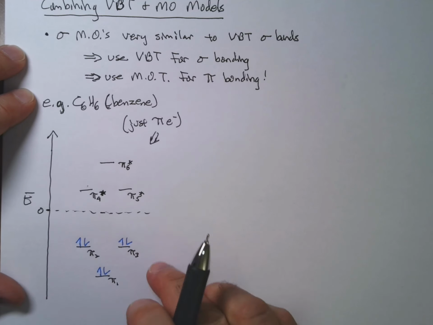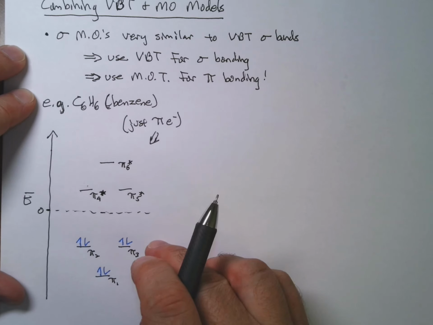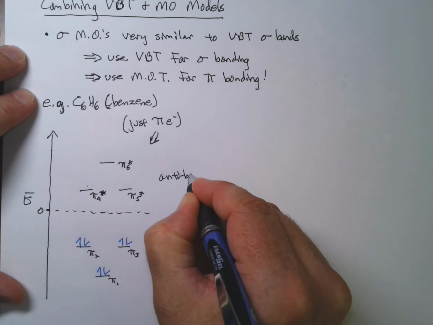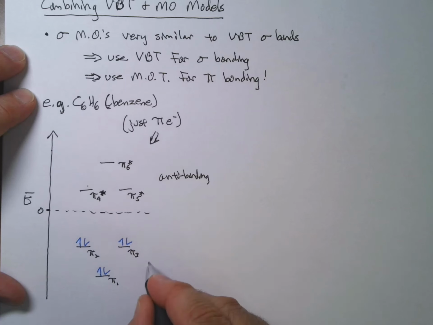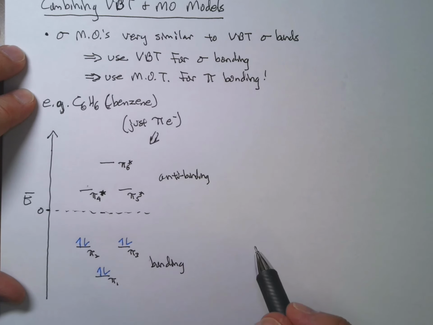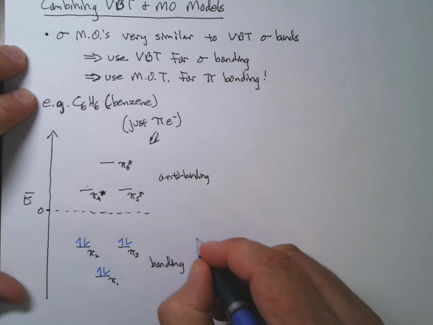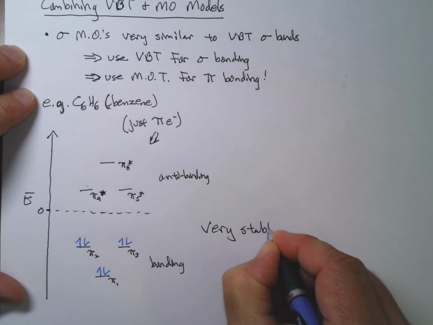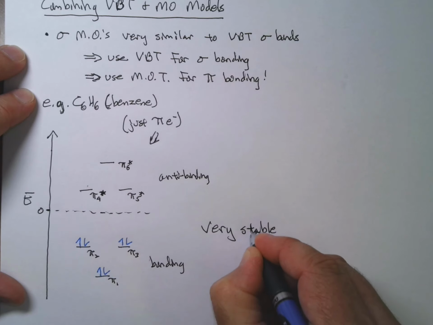And we can see that all 3 bonding orbitals, so we've got anti-bonding up here, and we have bonding down here, all 3 bonding orbitals have electrons in them, and none of the anti-bonding orbitals have electrons in them. Thus, benzene is very stable.